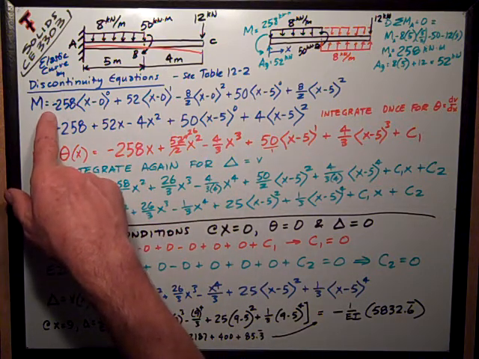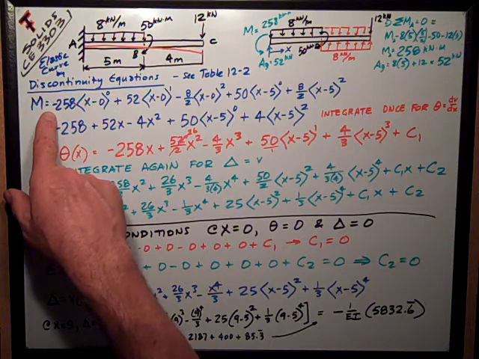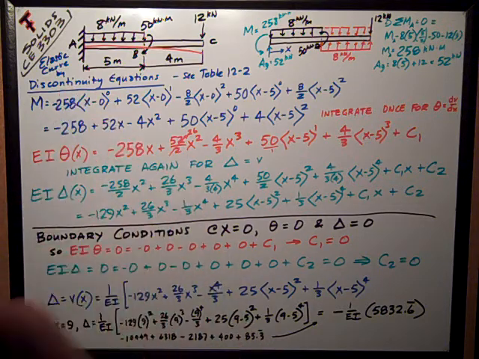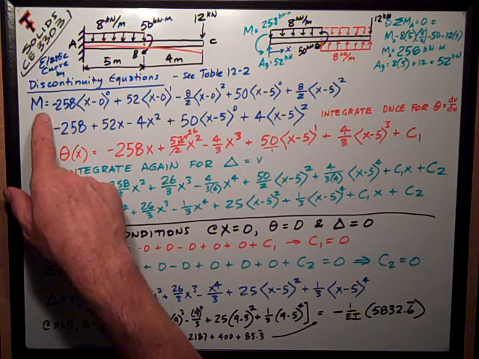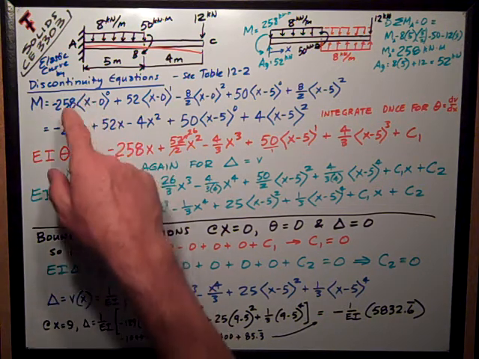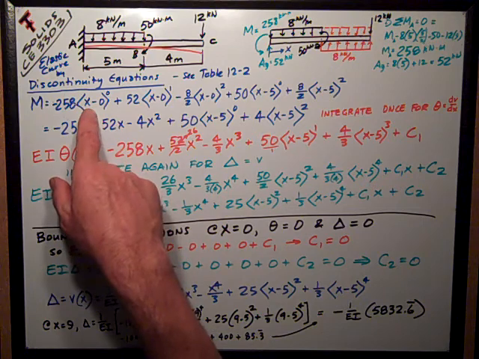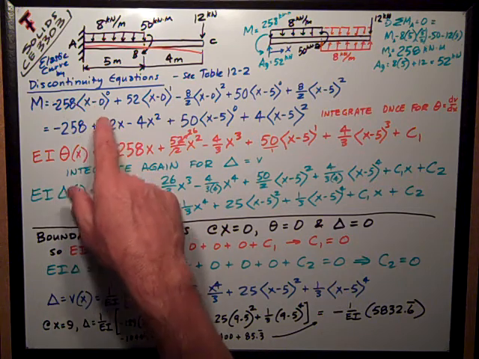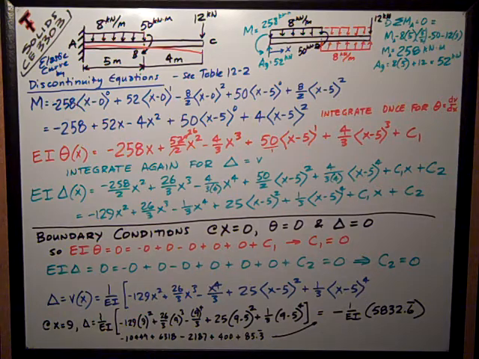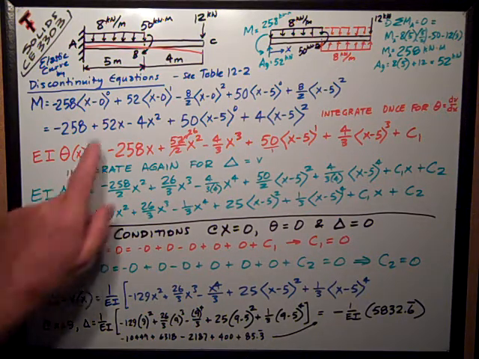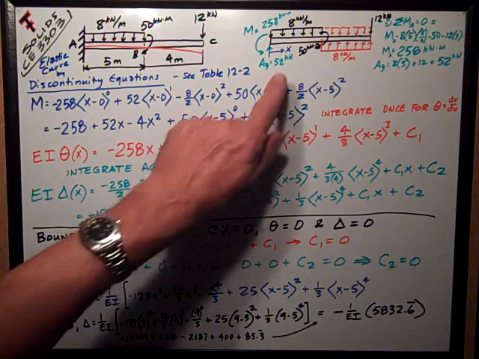And the formula in the book says a clockwise moment is positive for their equation, which is M angle brackets x minus a closed angle bracket to the 0th power. Now remember, a is the distance along the beam measured from the left.